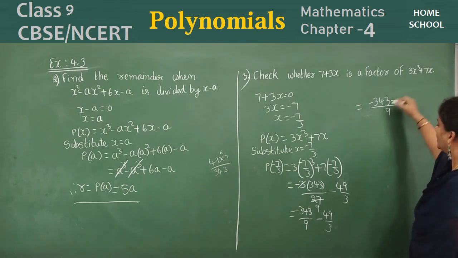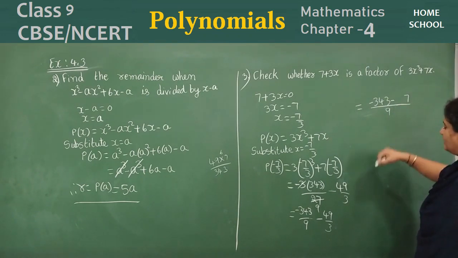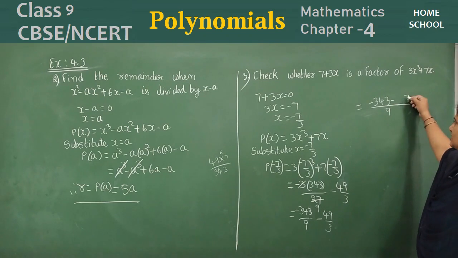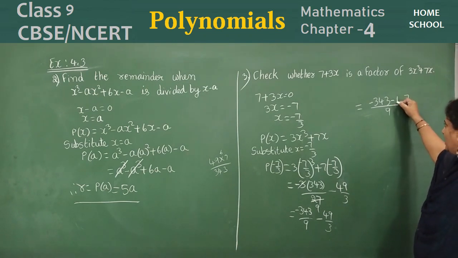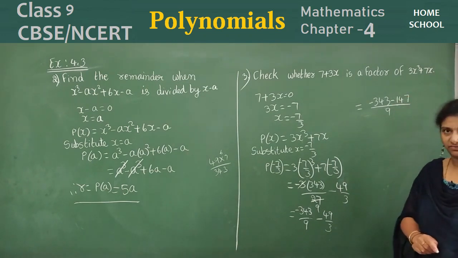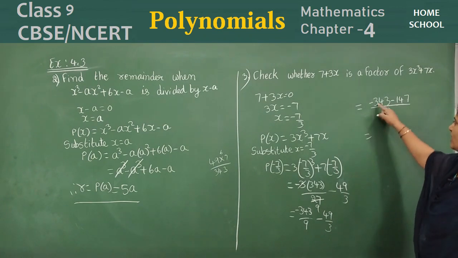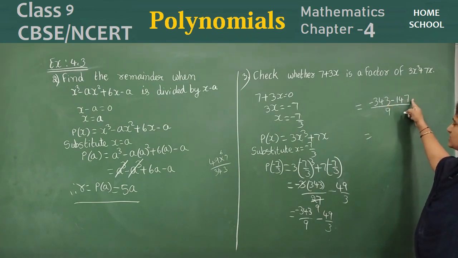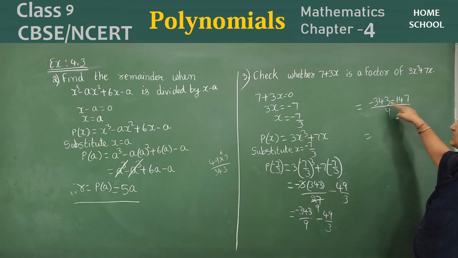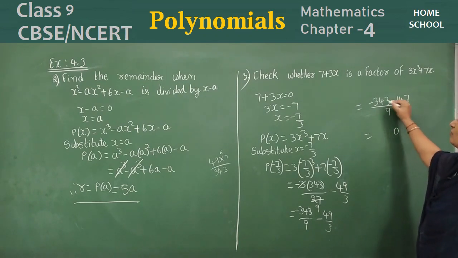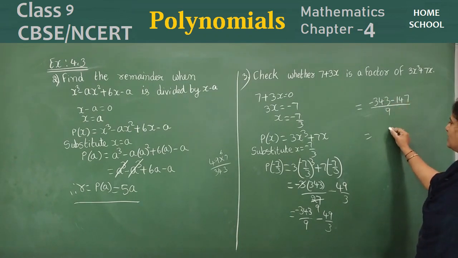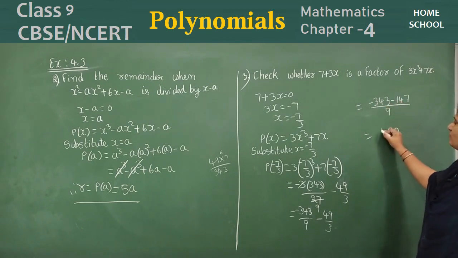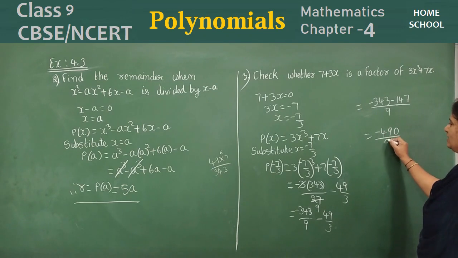That will be 49 3s are 147. Okay. So now minus 343 minus 147. How much here? Add 7 plus 3 is 10. 4 plus 4 is 8 plus 1 is 9. 3 plus 1 is 4. Minus 490 by 9.